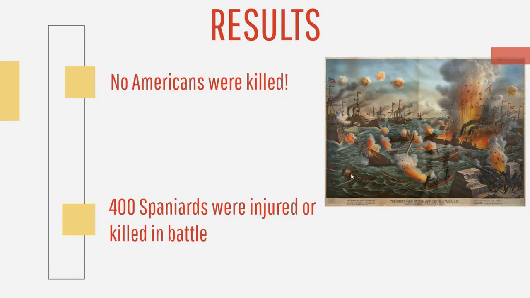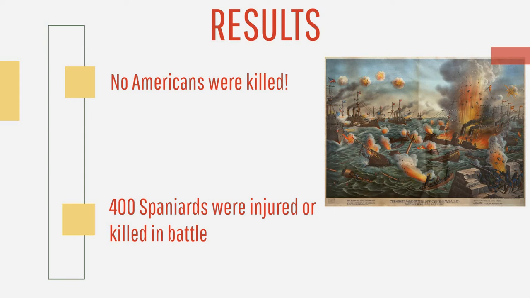So, no Americans die in this war, or in this battle, excuse me, amazingly. And you can see this representation over here, this painting, and you can see the American ships. They look a lot closer to steamers like the Titanic, or even warships of the 20th century, whereas the Spanish boats were more similar to those old wooden ships that you would see maybe in pirate movies and stuff like that.